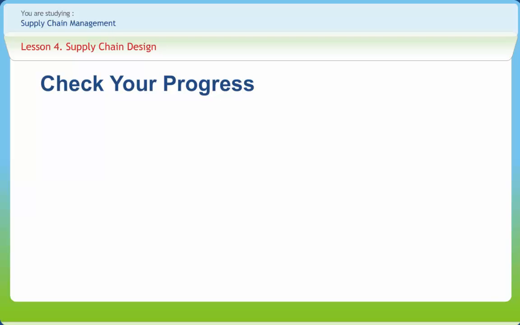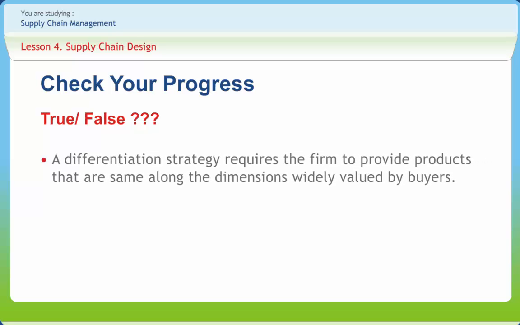Let us check our progress now by telling whether these statements are true or false. A differentiation strategy requires the firm to provide products that are same along the dimensions widely valued by buyers. True or false? False. Supply chain links value chains.